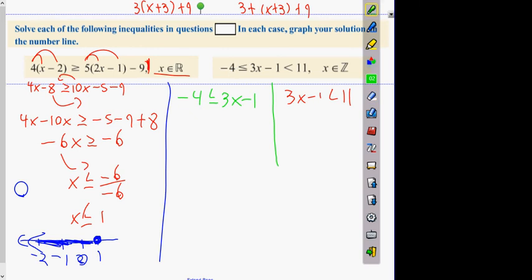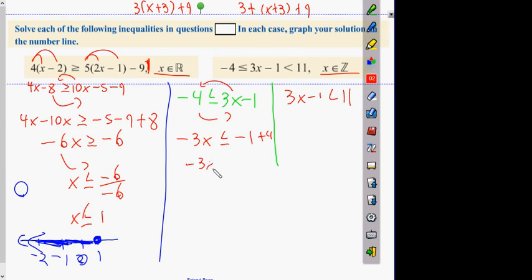So x element z, guys, that means it's not a shaded in line. It's going to be dots, okay? So, Connor, how do we finish off this one now? 3x over. And what does it turn into? Minus 3x less than minus 1 and plus 1, plus 4.